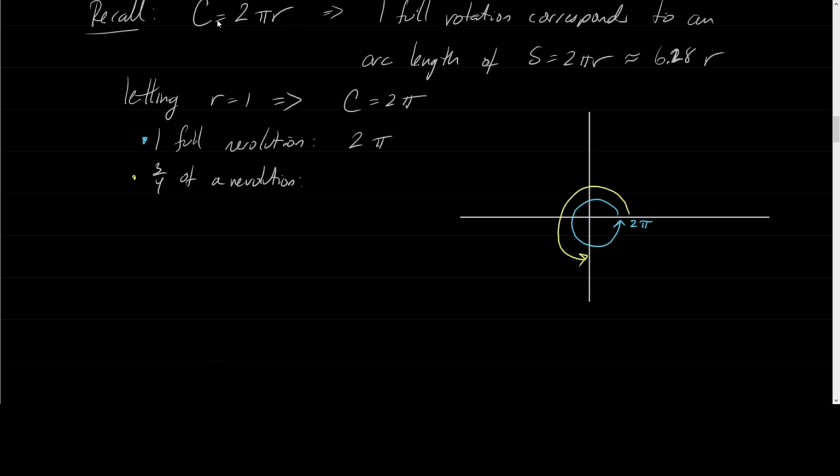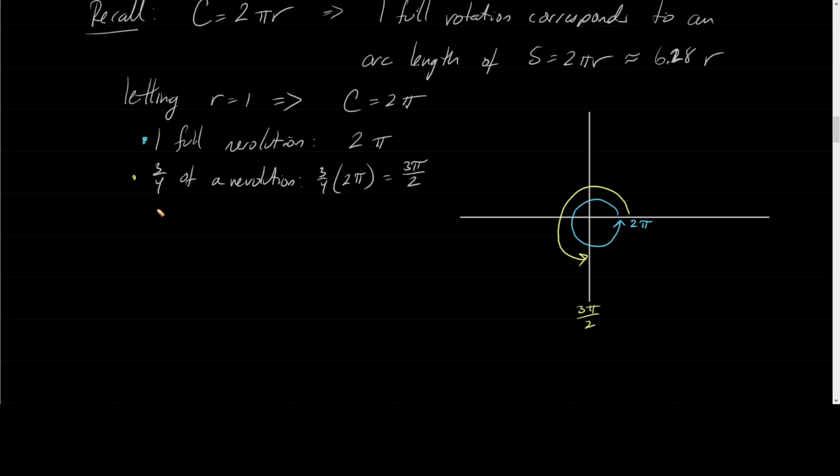What value would that be? Well, that would be 3/4 of one revolution, right? Remember, of means times. A revolution was 2 pi, so we get simply 3 pi over 2. So that would be right here, 3 pi over 2.